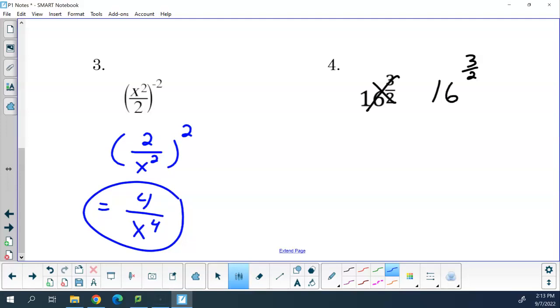Okay. Last one, this is the hard one. When I have this 16 to the 3 halves, I have a rational exponent. That gives me a radical sign. So I have 16. Where's the 3 go? That's the power. Where's the 2 go?